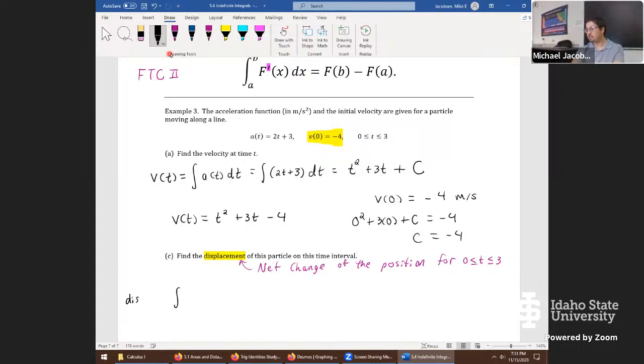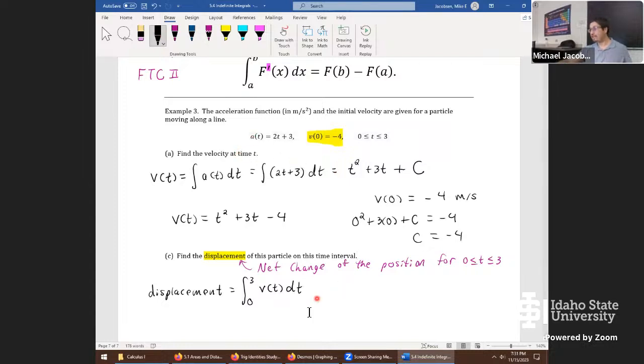We should call this displacement. I don't have a great symbol for that. Let me just write it out and try to get it to fit. So displacement will be equal to a definite integral. Here we're integrating from 0 to 3. And what we're integrating is velocity, v of t.